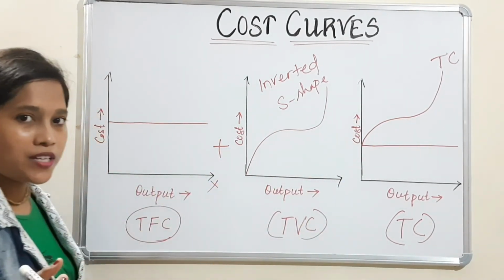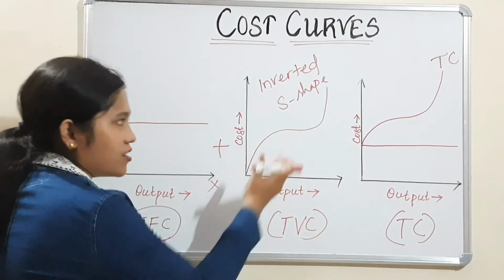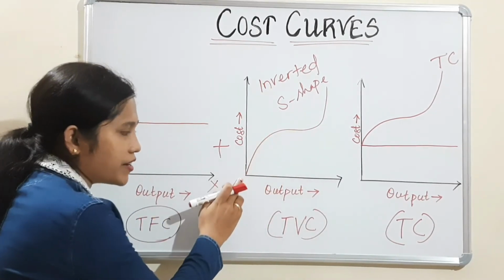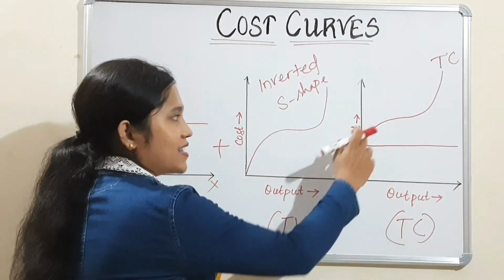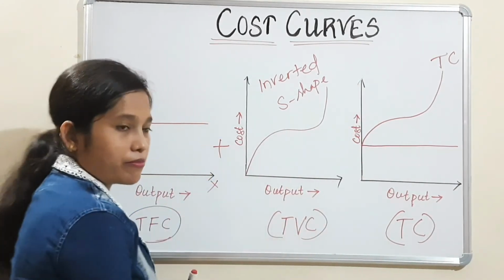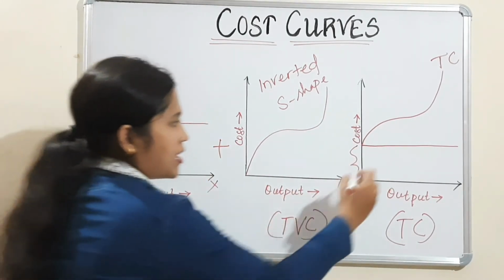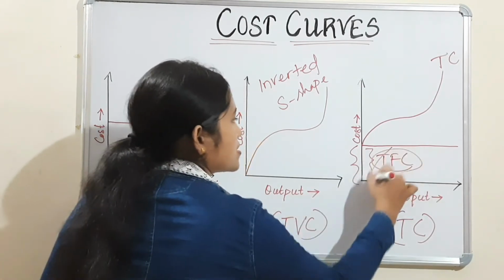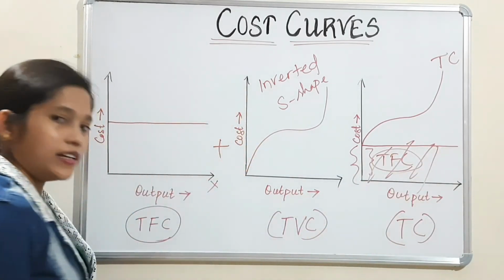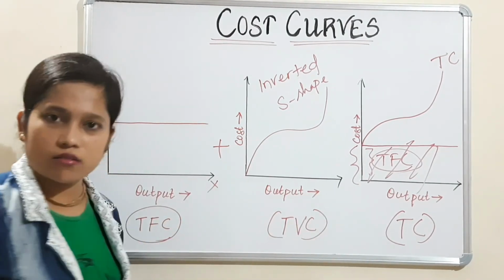In case of total variable cost, the shape starts from the origin. But in case of total cost, it starts after some intercept, not from the origin, and this intercept is called total fixed cost. This amount. Clear regarding total fixed cost, total variable cost and total cost?